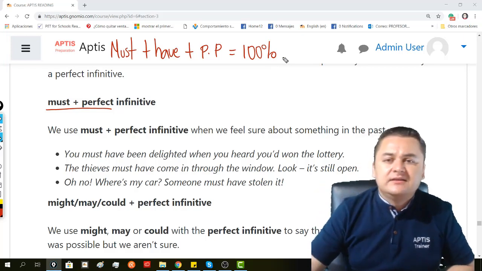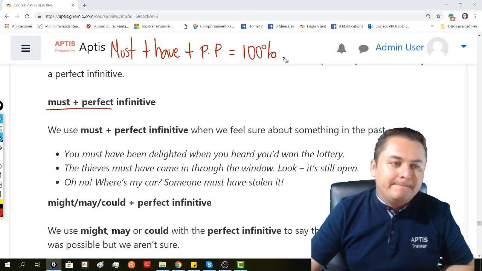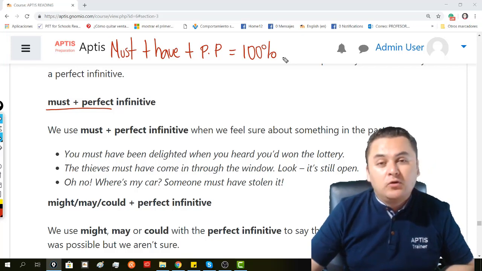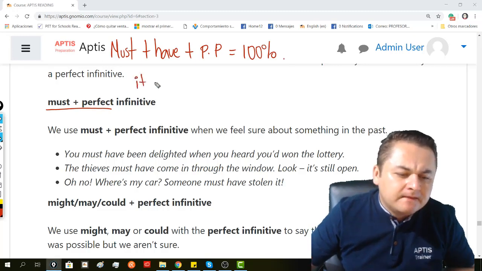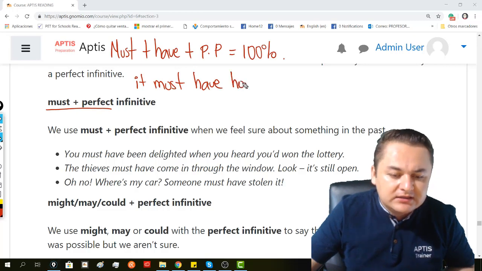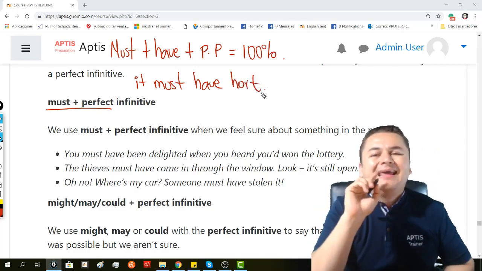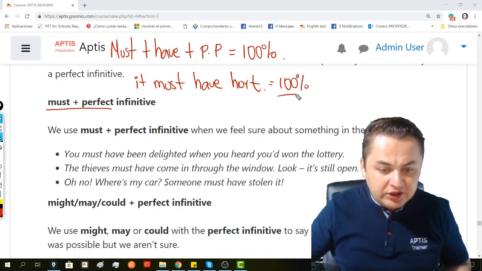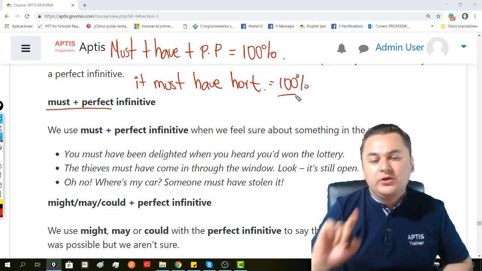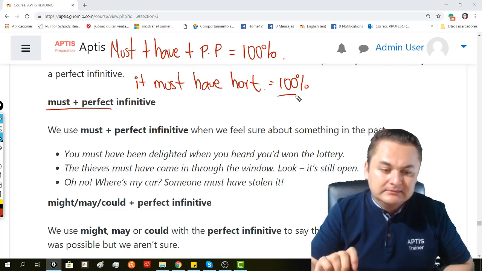For instance, they say, hey, I broke my arm. So I say, it must have hurt, meaning I am 100% sure that you were in pain when you broke your arm.